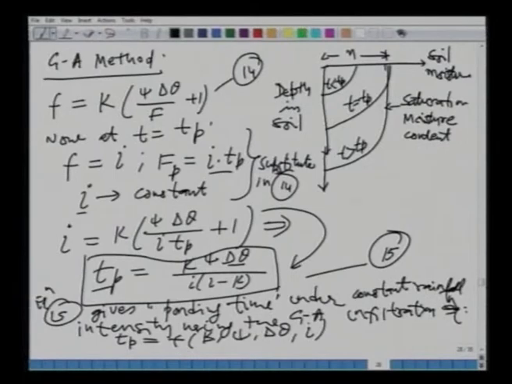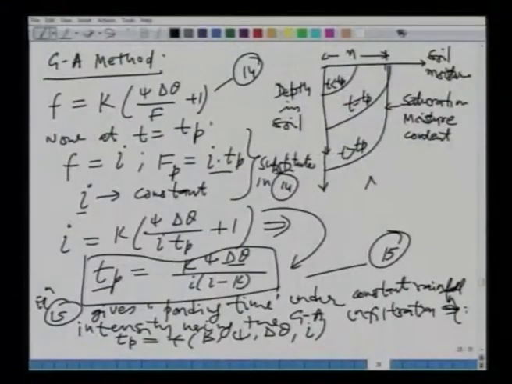If the initial conditions are such that the catchment is already saturated, what does that mean? Let us say delta theta is eta minus theta I. If theta I is higher, delta theta will be lower, so that your Tp will be lower.